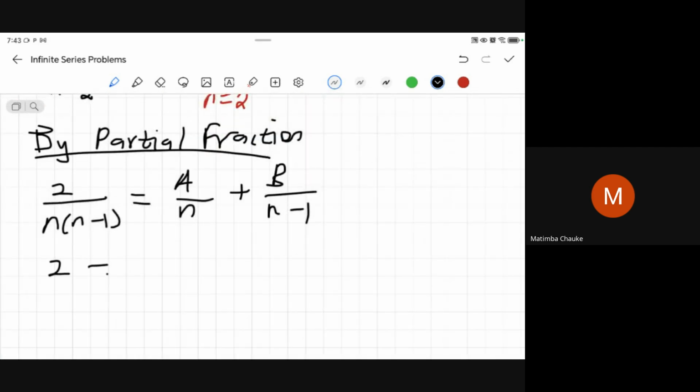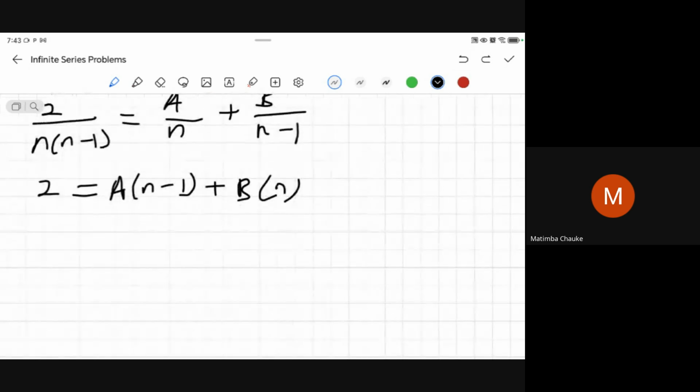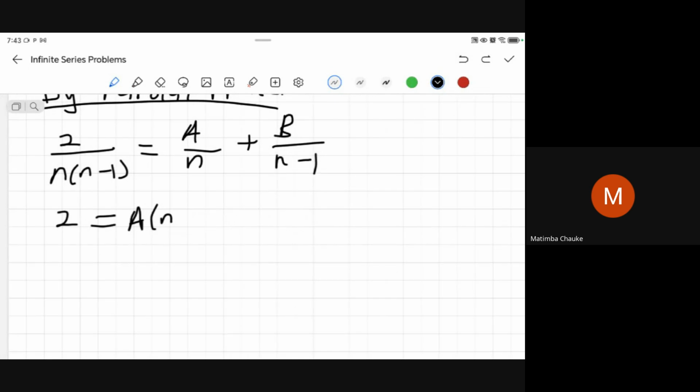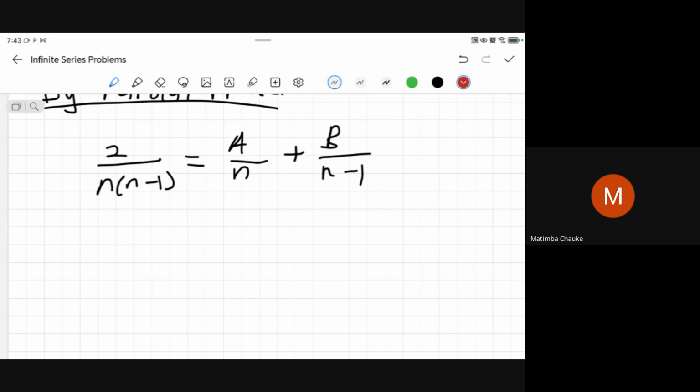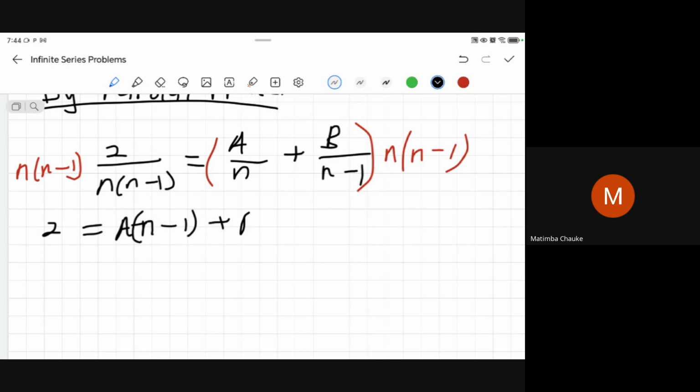And this will be 2 is equal to, if I multiply both sides by n times n minus 1, the n will cancel, and I will be left with A times n minus 1, plus B times n. So I would come here and multiply by n minus 1, and that would simply mean that I would have 2 is equal to A times n minus 1 plus B times n.